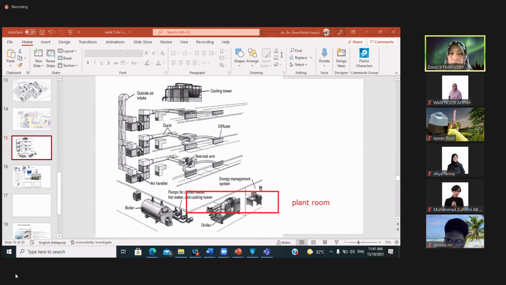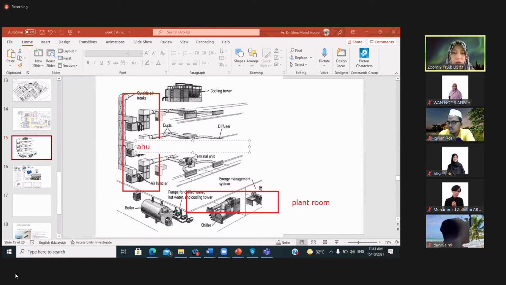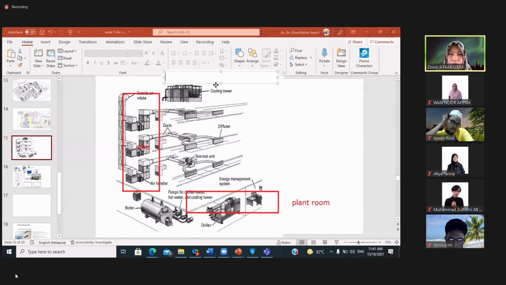Lagi ada apa? Dia ada AHU. Dalam bangunan tu kena ada AHU. Okay, for a really big volume, and also exceeding 3 story. Just to capture this one, you need also to have a cooling tower at the rooftop.